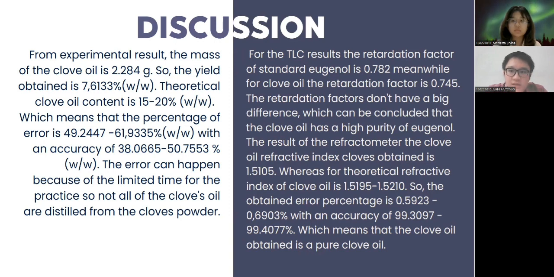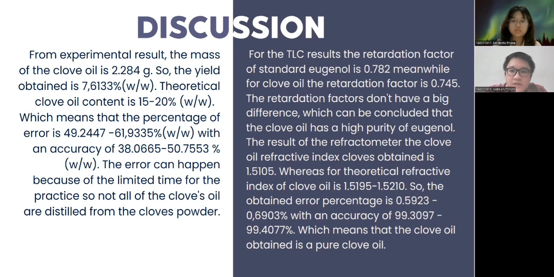For the TLC result, the retardation factor of the standard eugenol is 0.782, meanwhile for clove oil the retardation factor is 0.745. The retardation factors don't have a big difference, so it can be concluded that the clove oil has a high purity of eugenol.